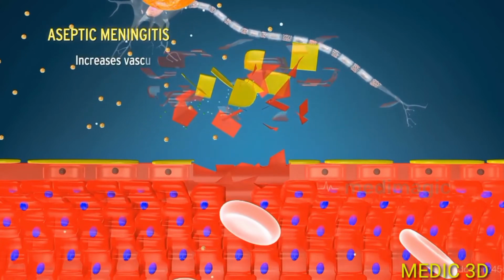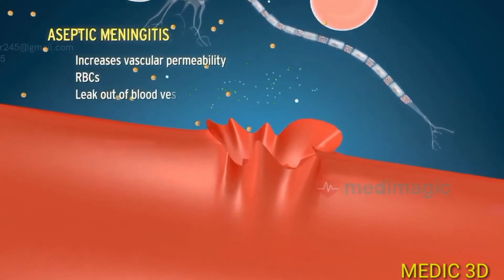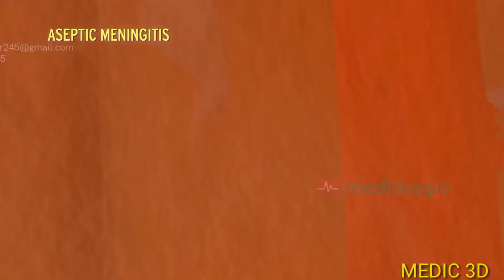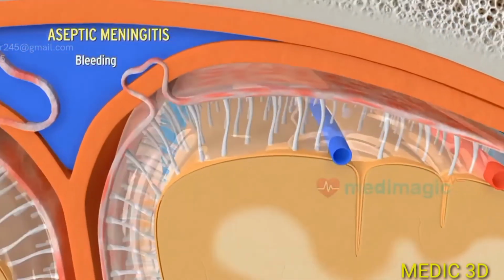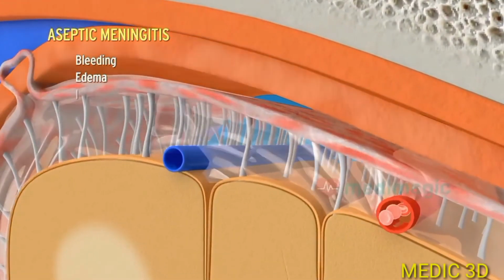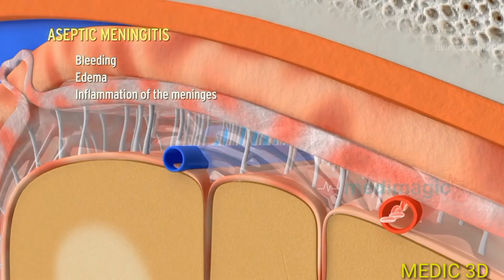This increases vascular permeability and allows RBCs to leak out of the blood vessel. The bleeding in turn causes edema and, subsequently, the inflammation of the meninges, that is, meningitis.